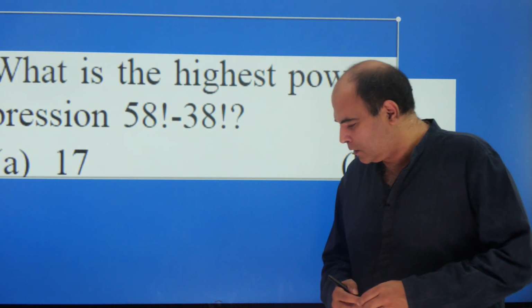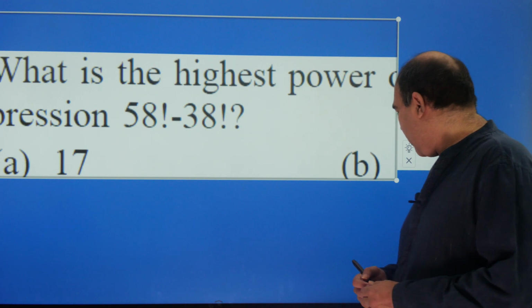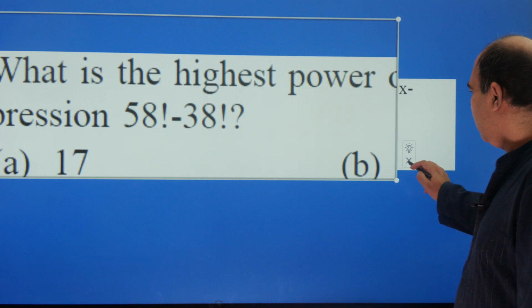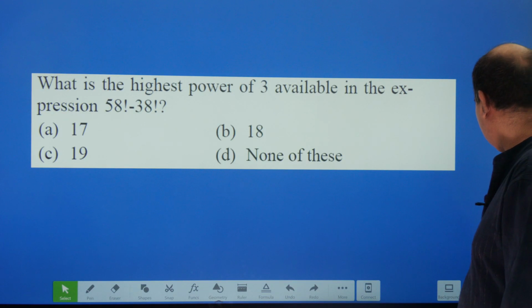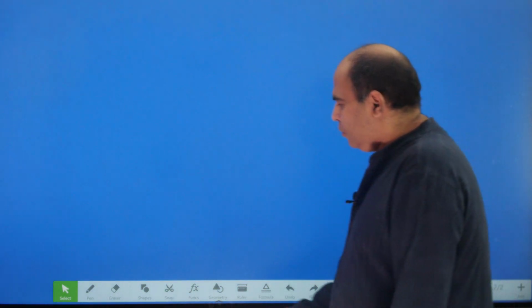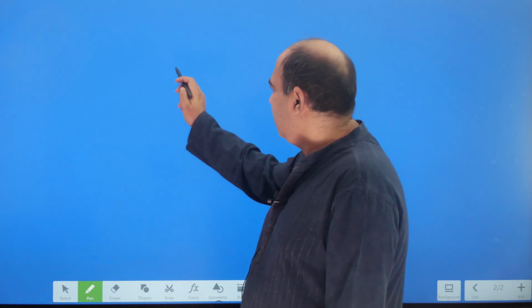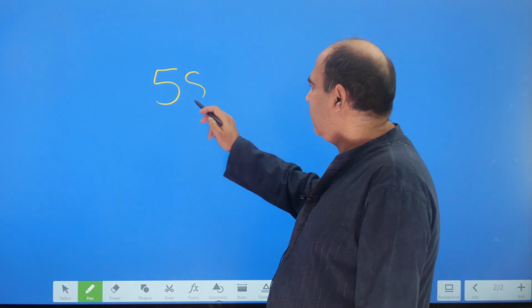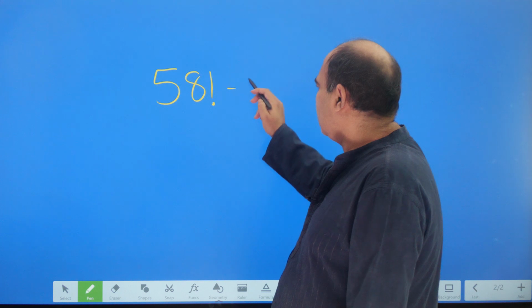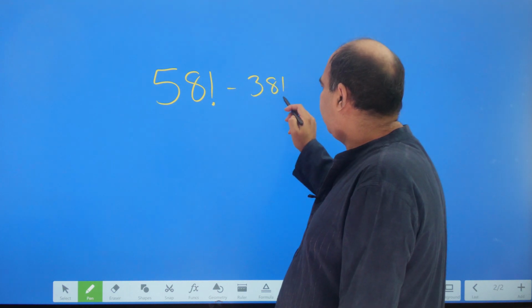I want you to try this before I go ahead and solve this for you. So, chalo, let's have a look. You're trying to look for the highest power of 3 in the expression 58 factorial minus 38 factorial.